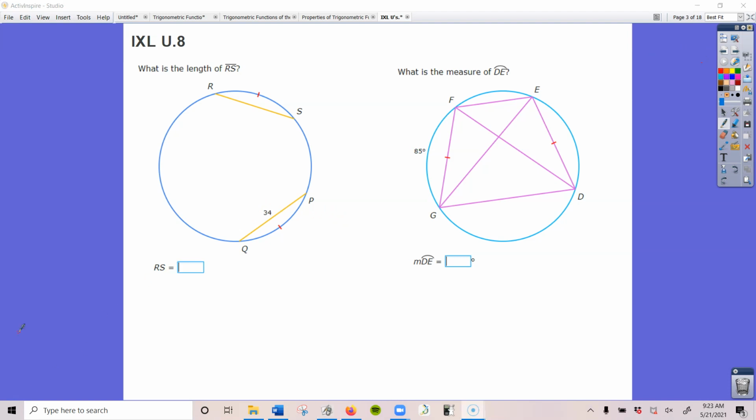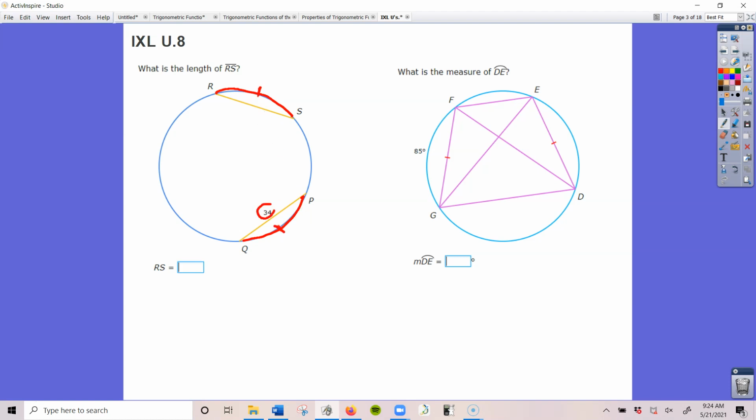So let's look at U8. In U8, you're going to be asked to find the lengths of either the chord or the arc. Now, the one thing that you need to remember is if the arcs that intercept the chords are the same, you see how here you have the line here and the line here?